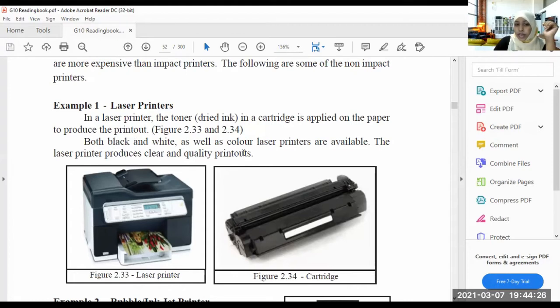Both black and white as well as color laser printers are available. The laser printer produces clear and quality printout. Nowadays most of the people are printing using these laser printers because they are very neat, very clear, very quick.